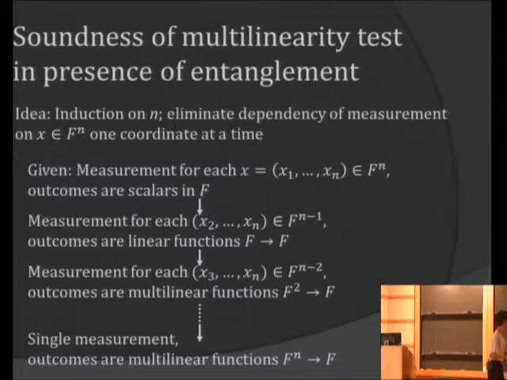By repeating this process, we eliminate the dependence of the measurement on the input one by one. And at the last stage, we get a single measurement which produces a whole multilinear function.